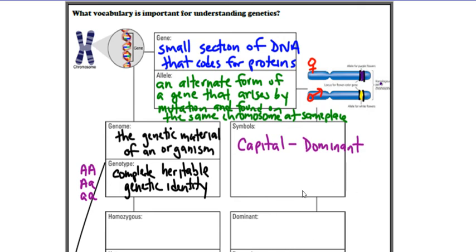So for instance, if I just have a capital A, and then a lowercase letter, we call that recessive. And a lot of times it's easier to have letters that have a completely different capital version versus a lowercase version, just to make it easier to reference.